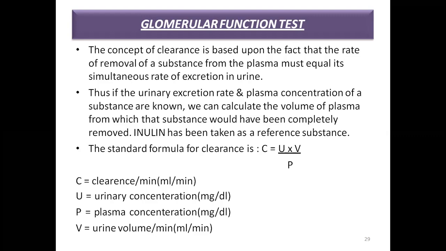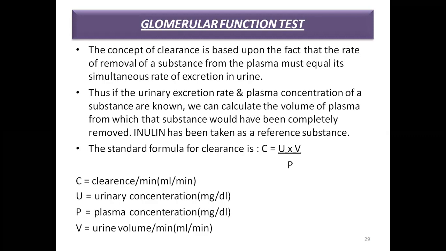Suppose in the glomerulus the filtration is being done, and here we have creatinine as the substance of concentration. If the creatinine is filtered but not completely removed in the urine, and rather is getting reabsorbed, then there is some imbalance or some clearance defect in the urine formation.